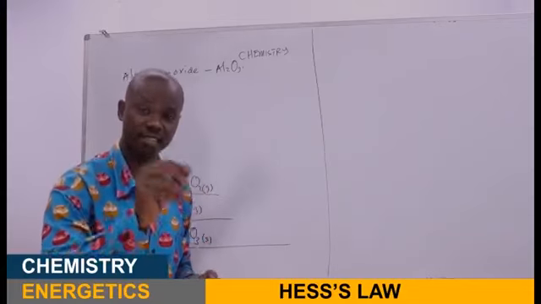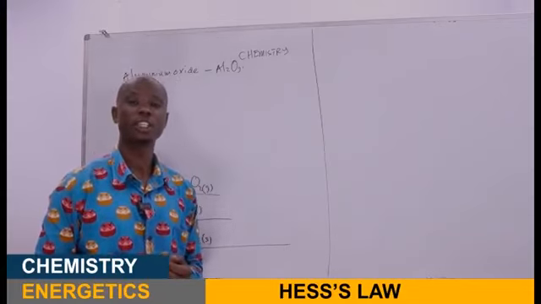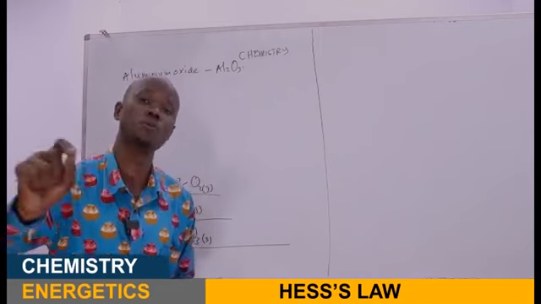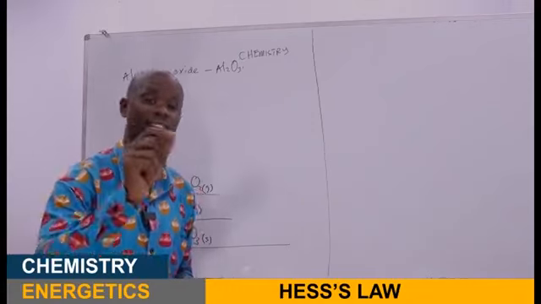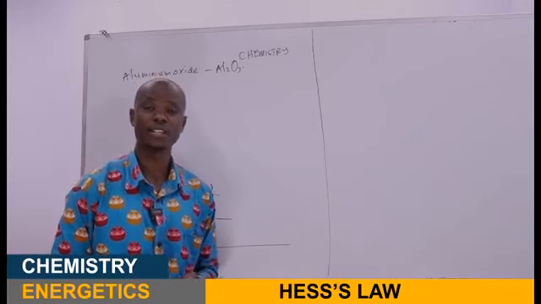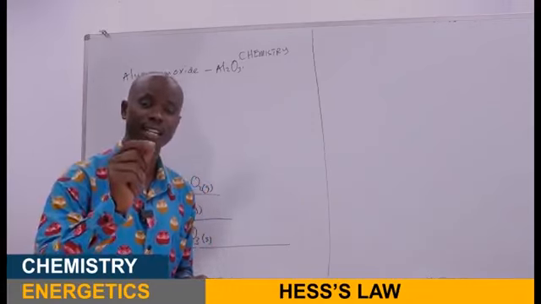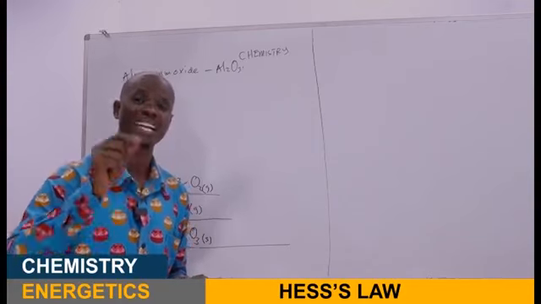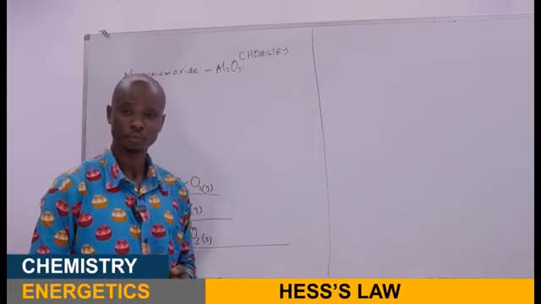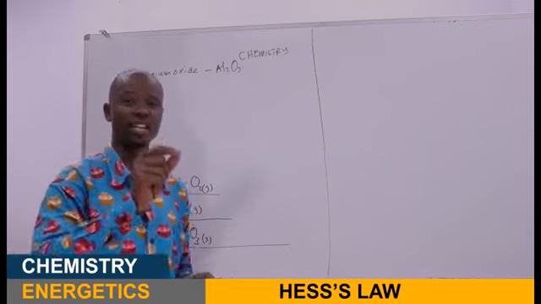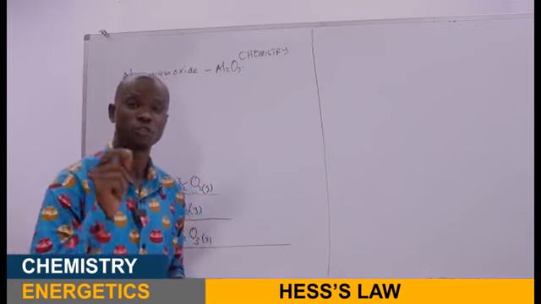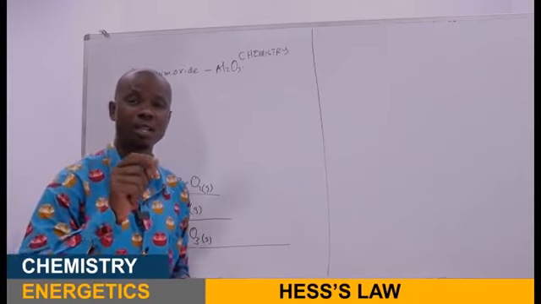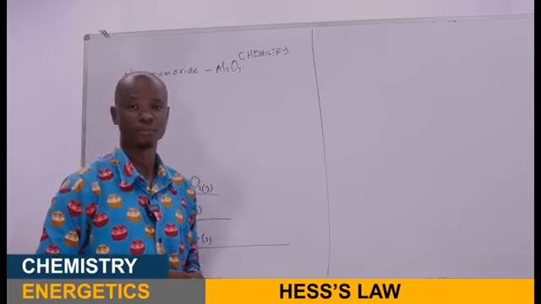So we have the first ionization energy. That means the first electron is removed from a gaseous aluminum atom. We have the second ionization energy. That means the second electron is removed from a gaseous aluminum ion. We have the third ionization energy. That means the third electron is removed from an aluminum dipositive ion.